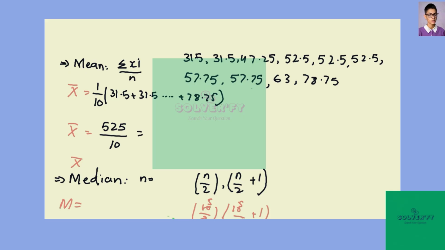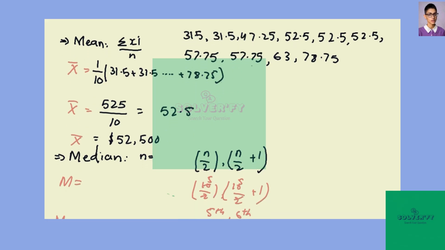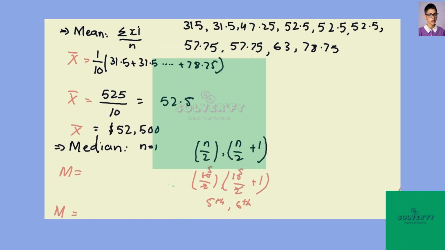So this is 52.5 and $52,500 is the mean of the data.